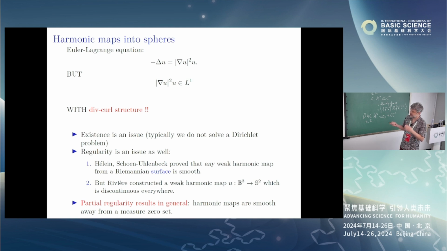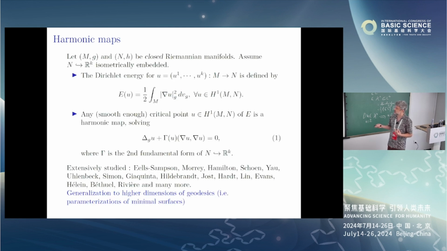So this slide is summarizing years and years of research, and one sees 2 points in this problem: regularity is an issue, but existence is an issue as well, because I'm not starting from a Dirichlet problem. M is a closed manifold, it has no boundary, so it's really a global issue.